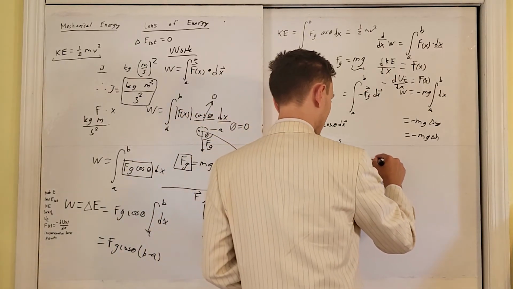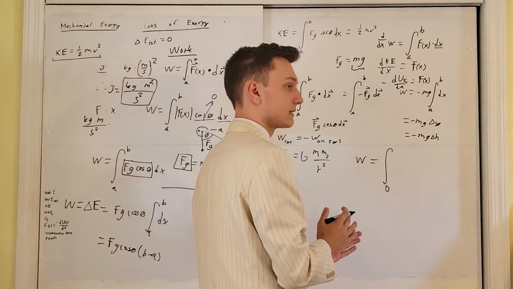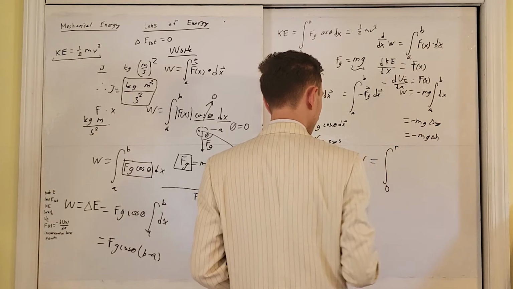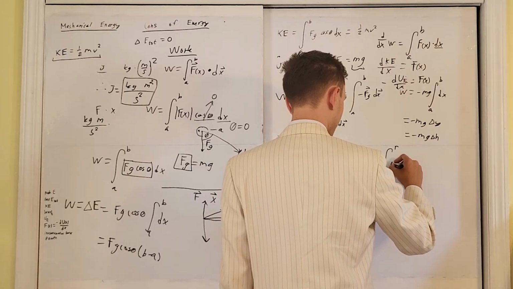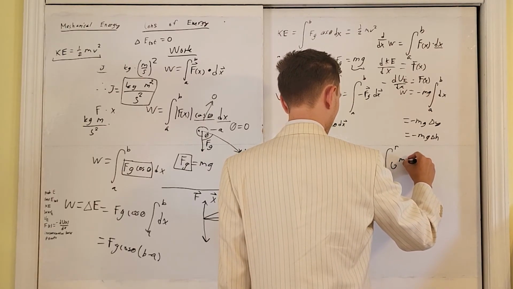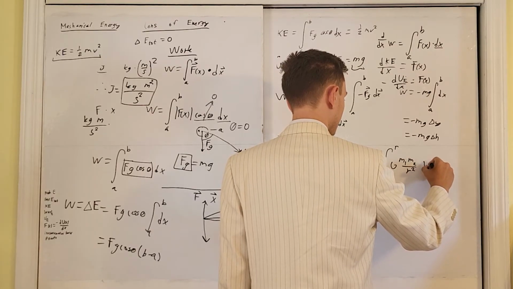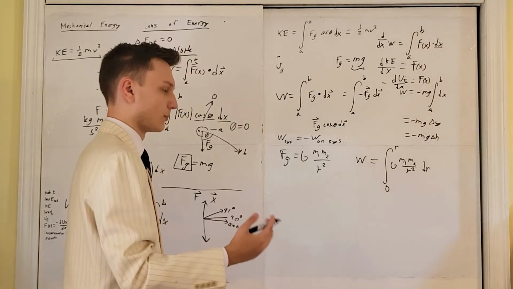My work done is going to be from the 0 radius, from the center of the Earth, all the way out to the radius at which the moon is orbiting, multiplied by my gravitational force, big G m1 m2 over r squared. In this case, we're going to do dr. Okay, remember how I said that r, x, and d operate interchangeably.